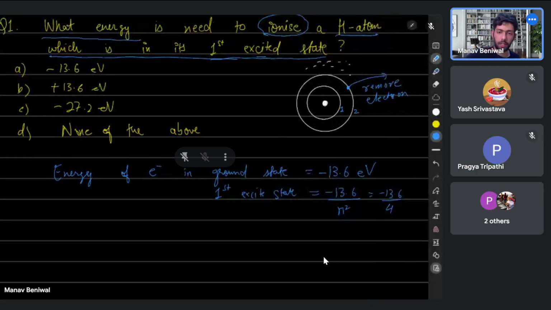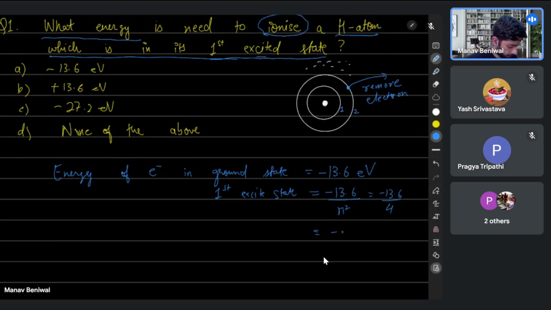Okay, I lost my connection briefly, but that is all right. So now this will be minus 13.6 divided by 4. Got it? So this comes out to be minus 3.4 eV. So the energy of this electron here in the first excited state is minus 3.4 eV.